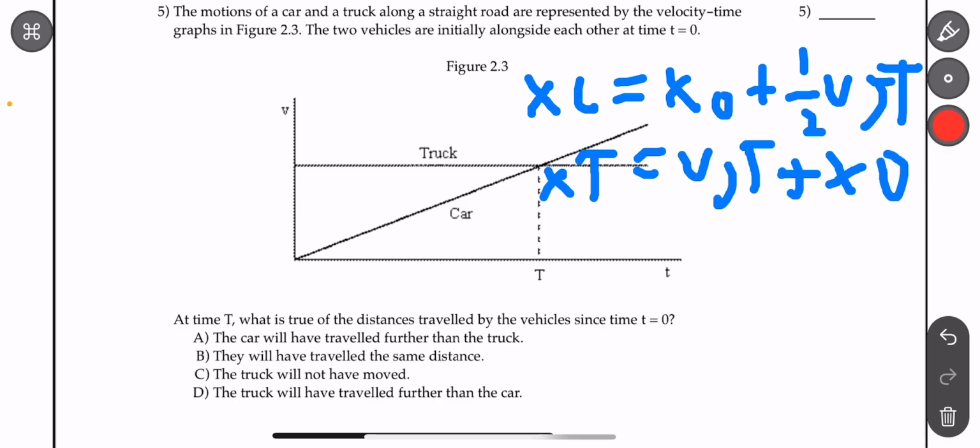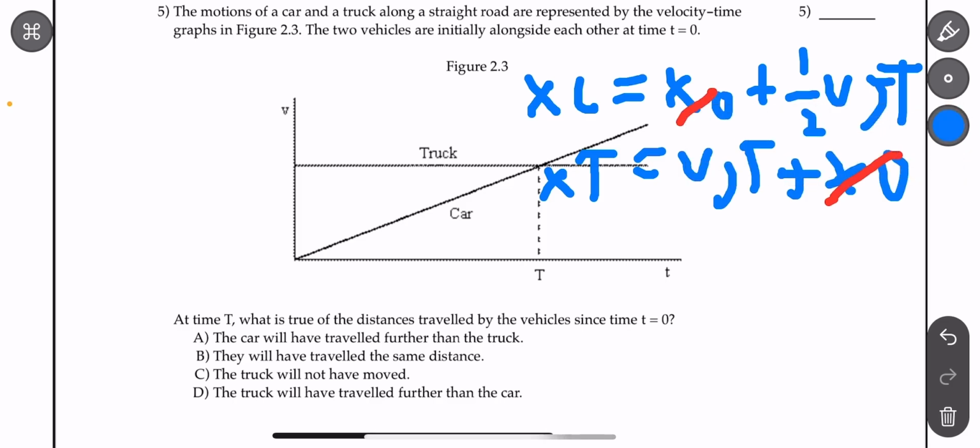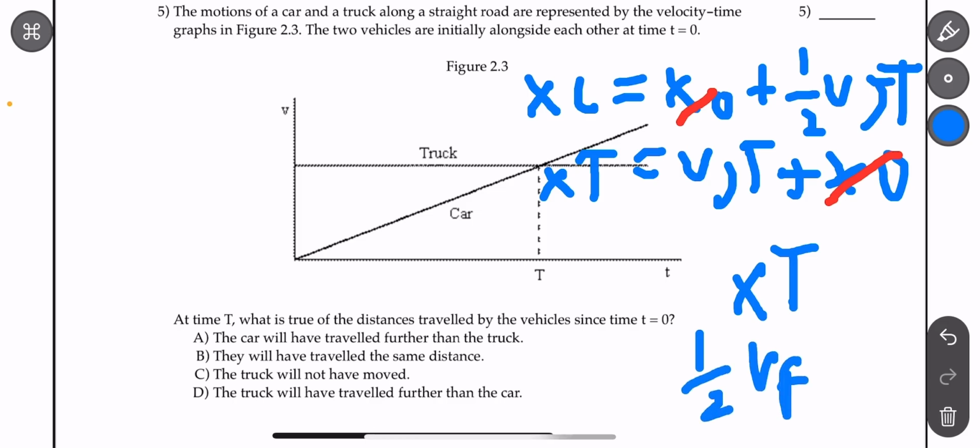And we could cancel out like terms to be able to assess it better, to know which will be greater than the other, right? And essentially, we see here that x_t has one v t.